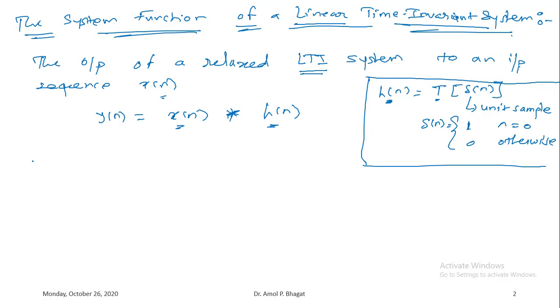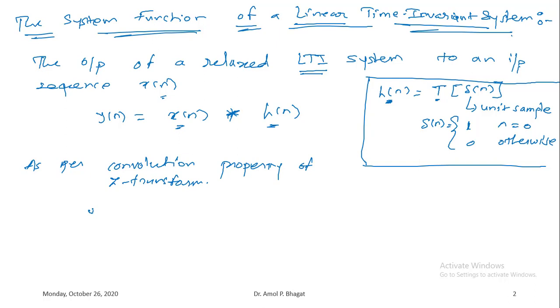As per the convolution property of Z transform, this convolution in the Z domain becomes the multiplication of the respective Z transforms of x of n and h of n.